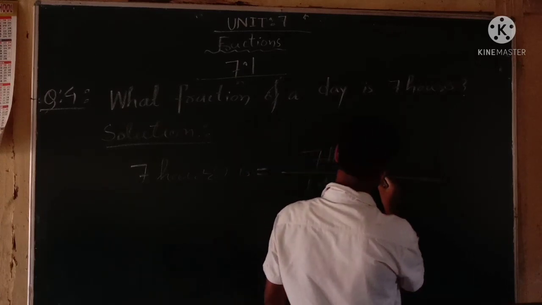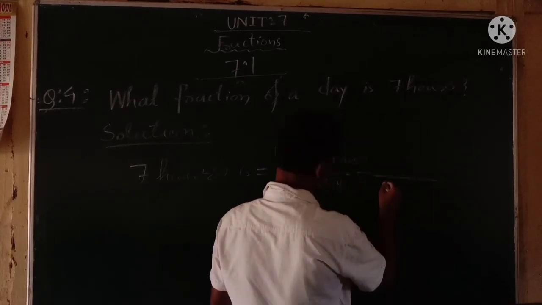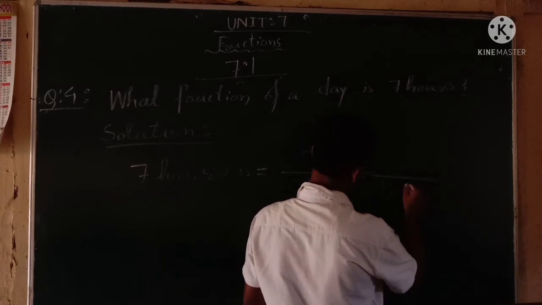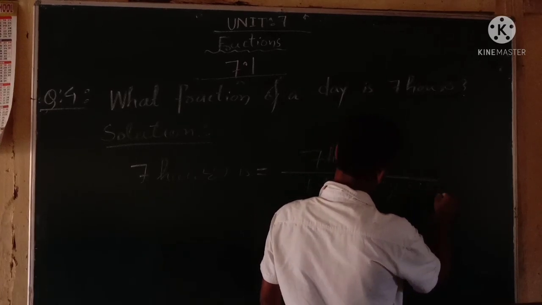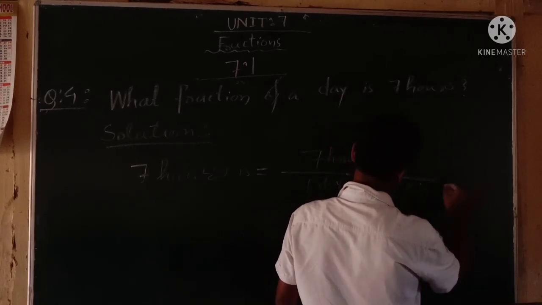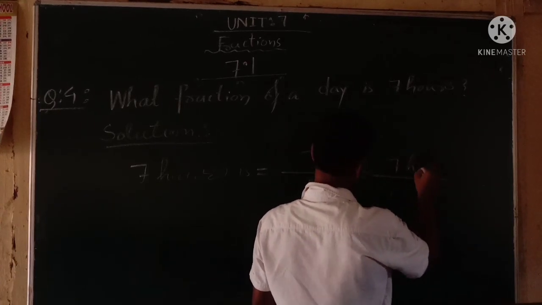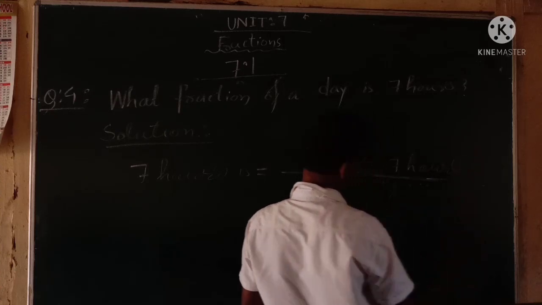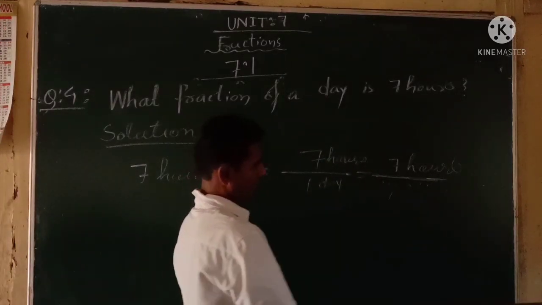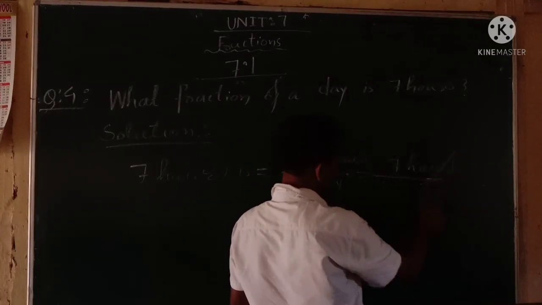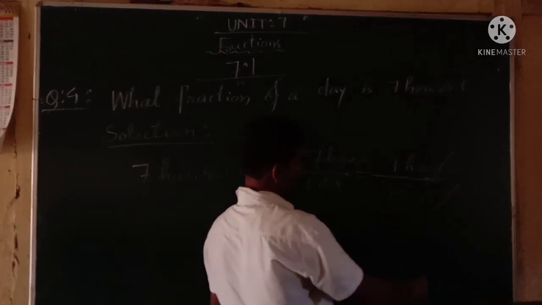We know 24 hours make a day, so you can write 1 into 24 hours in the denominator, and 7 hours in the numerator. Now these hours and hours cancel.